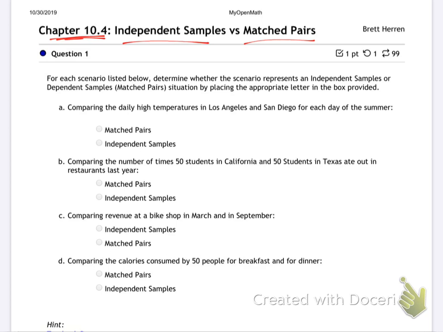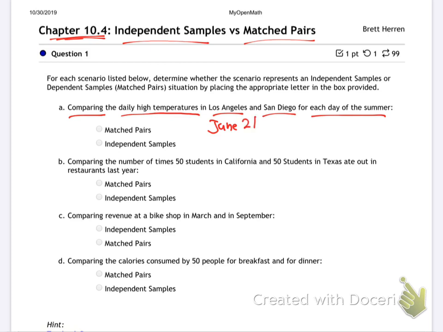So here we go. Comparing the daily high temperatures in Los Angeles and San Diego for each day of the summer. I think it might help if I laid it out for you. When does summer start? Like mid-June, so let's say June 21st.